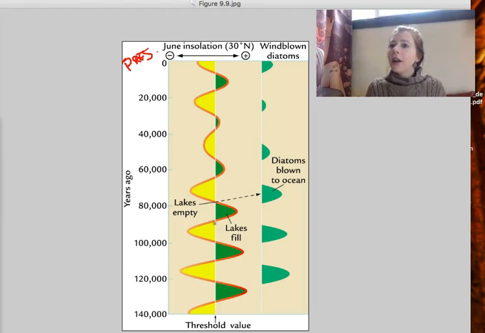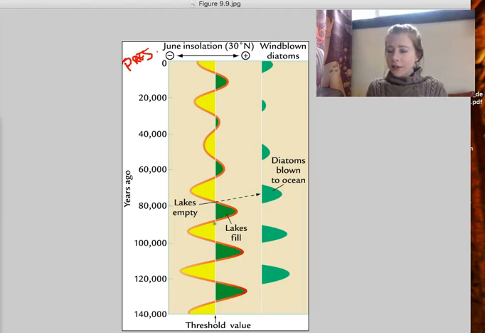They're this type of phytoplankton that are made of silica. Silica is silicon plus O2, so SiO2. So they have these silica shells. And in this case, we're looking at these freshwater diatoms that live in the lakes. And what we've seen in the geologic record is that these diatoms are found offshore in ocean sediments when we're expecting them to be found in fresh water.